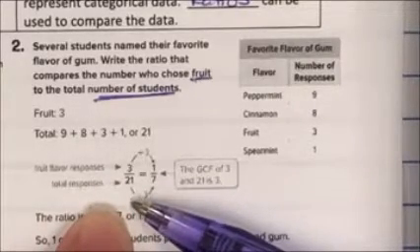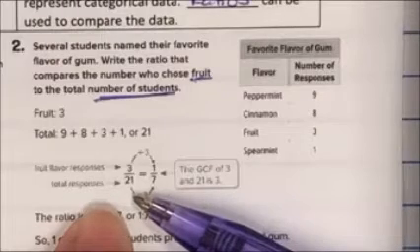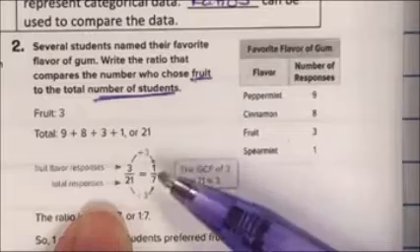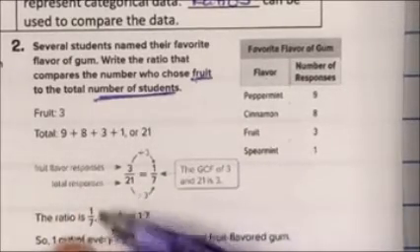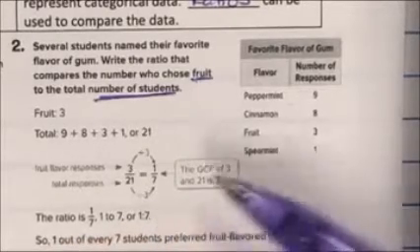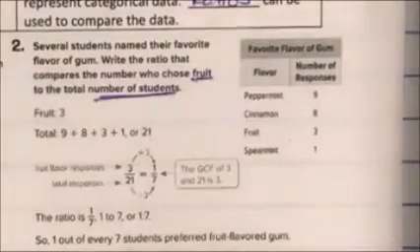Well, I can simplify that because the GCF of 3 and 21 is 3. So I divide both by 3. 3 divided by 3 is 1. 21 divided by 3 is 7. So the ratio is 1/7, 1 to 7, or 1:7. So 1 out of every 7 students preferred the fruit-flavored gum.